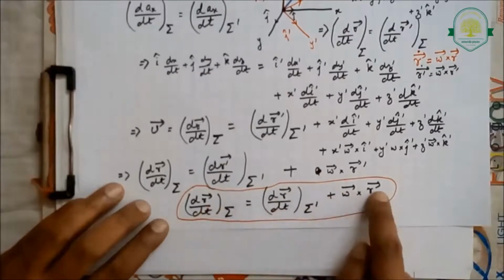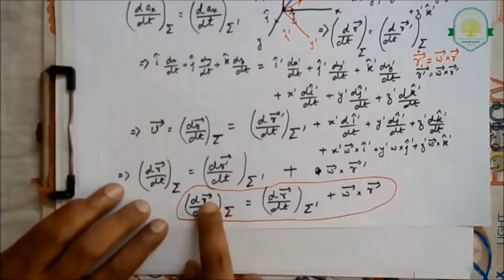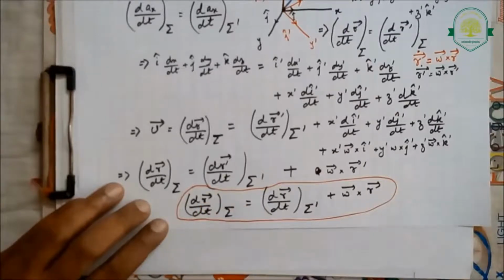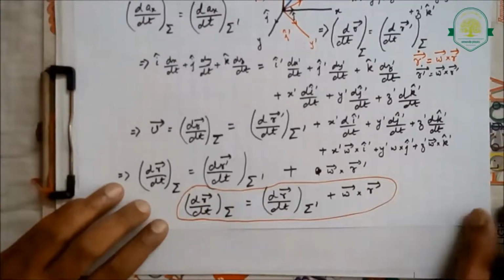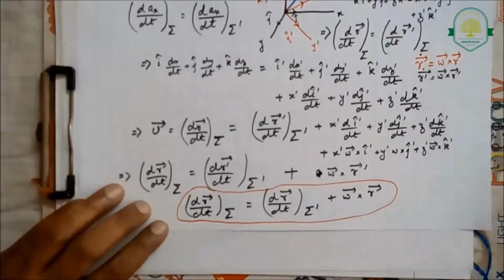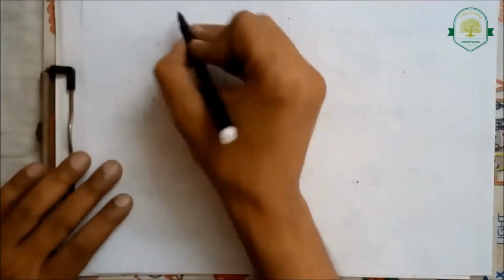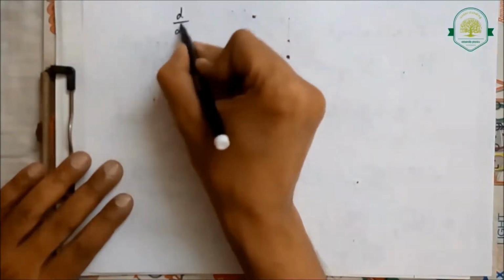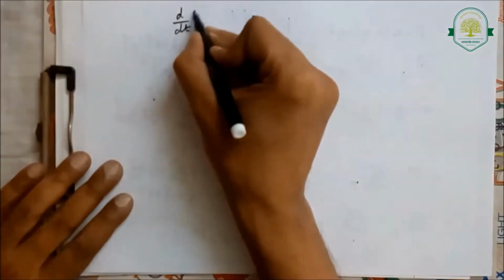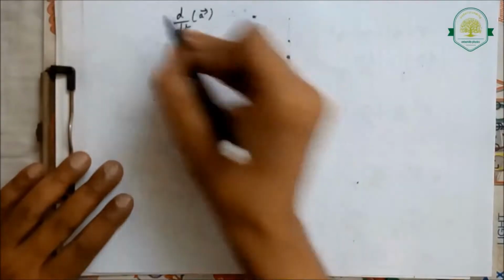It will be true for displacement vectors, and any vector can be written as some multiple of a displacement vector. So we can say that this equation is true for any vector. Let's call that vector A.